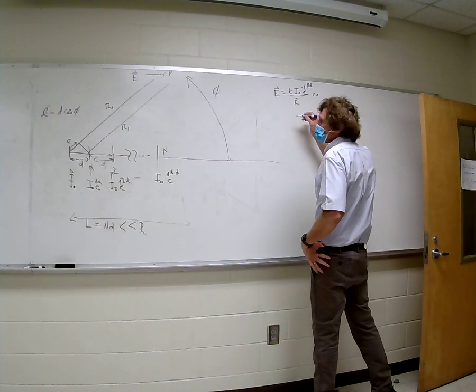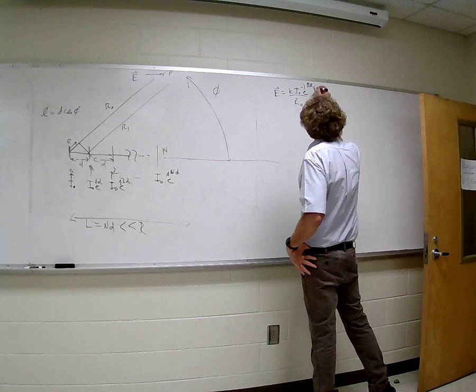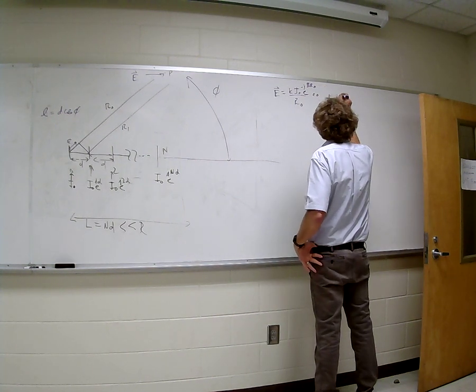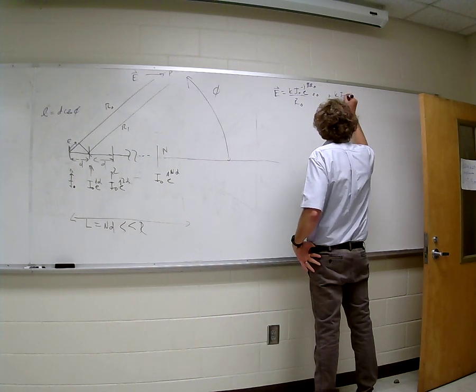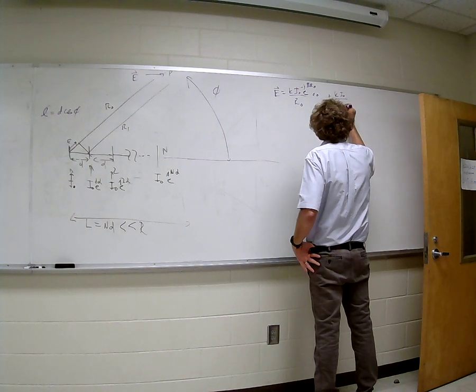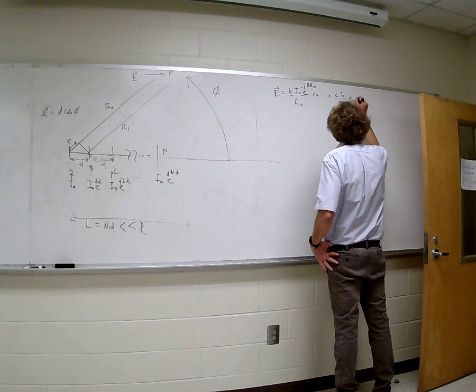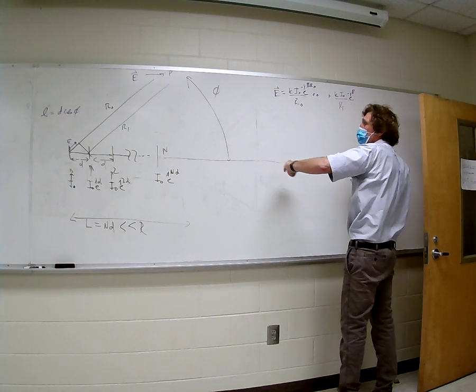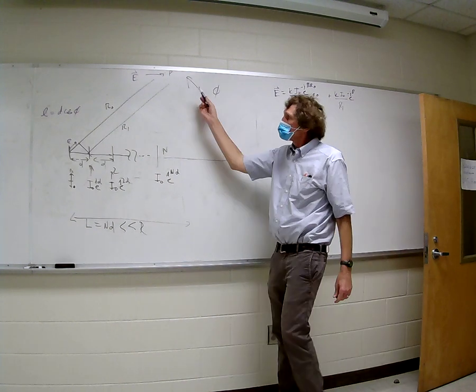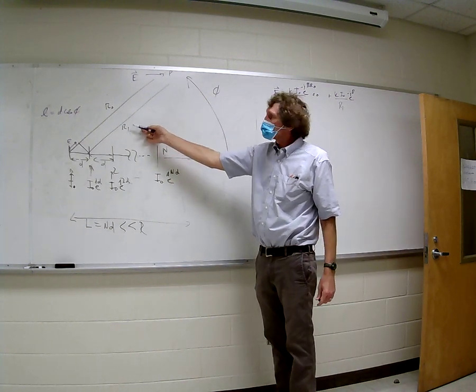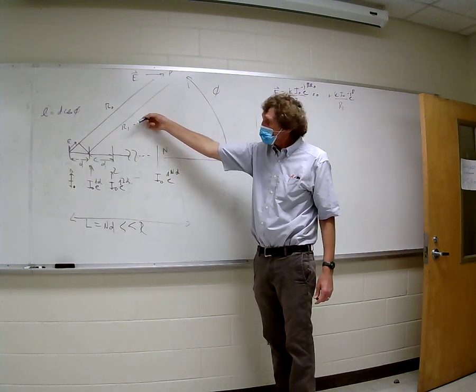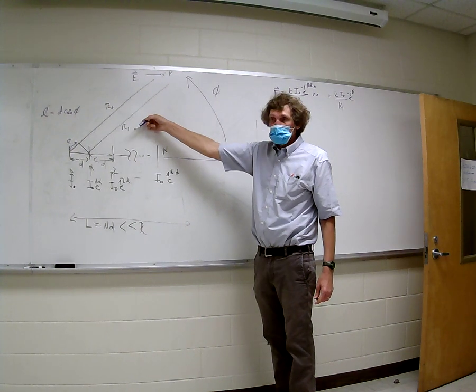Now, what about the second one? This would be R0, actually. The second one would be plus K I naught over, now it would be R1, and then e to the minus j beta, but not R naught, it would be R1. But what is R1? Isn't it just R naught minus d cosine?